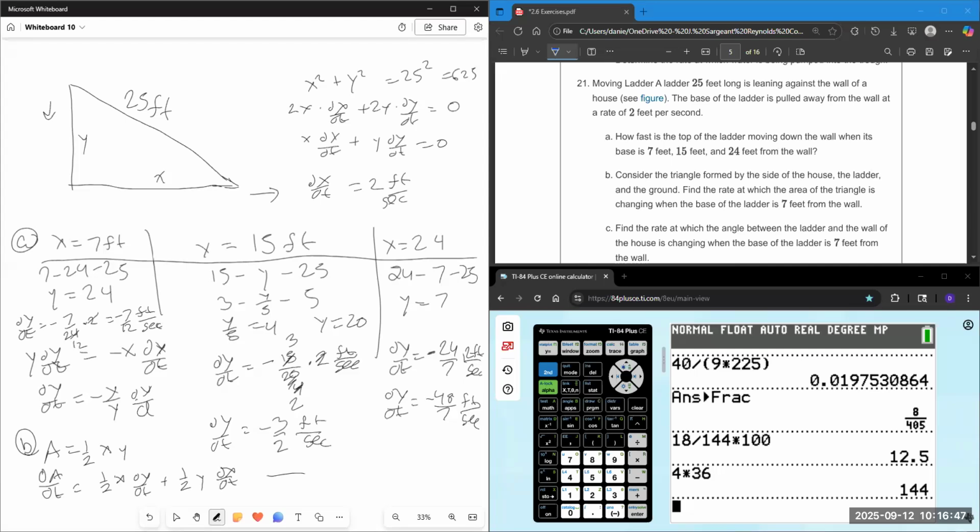And when x equals 7, which is this first situation that we have right here, we have 1/2 of 7 times dy/dt, which we found to be -7/12, plus 1/2 of y, which we found to be 24, and dx/dt was 2.